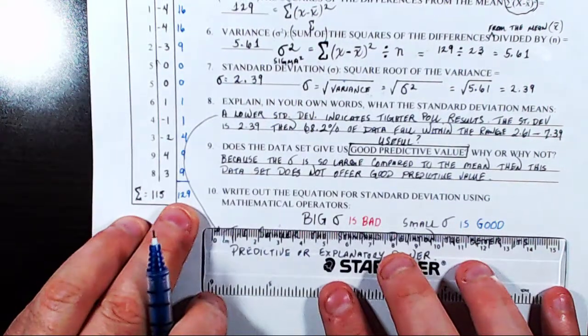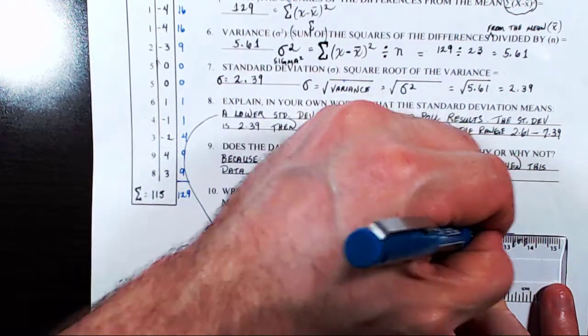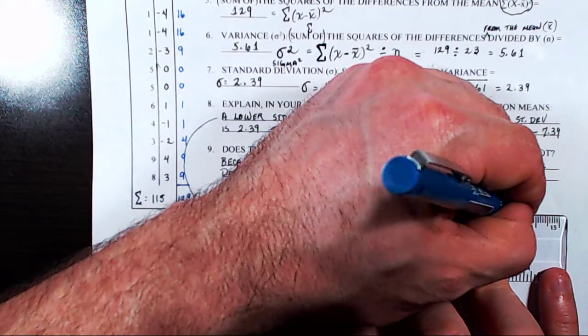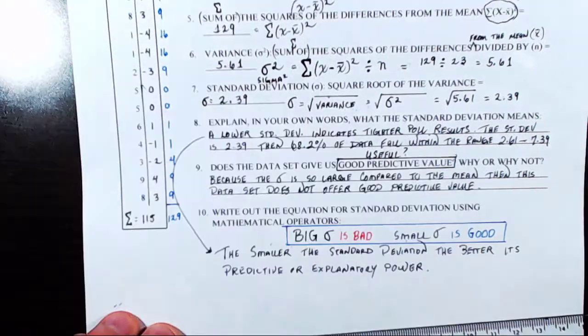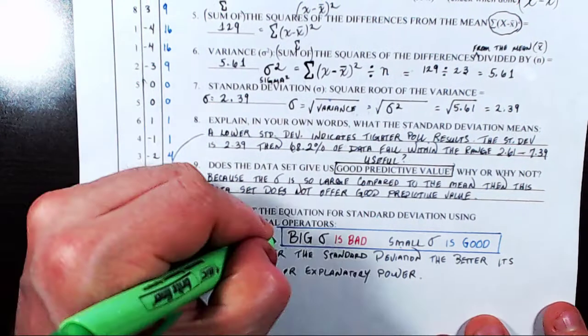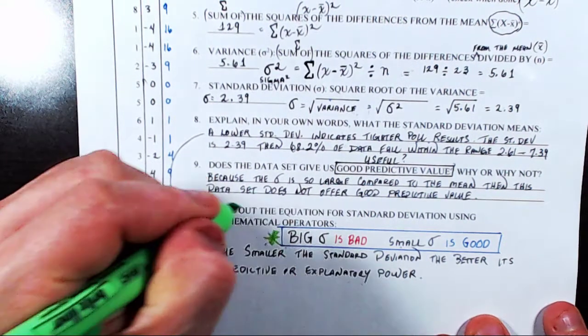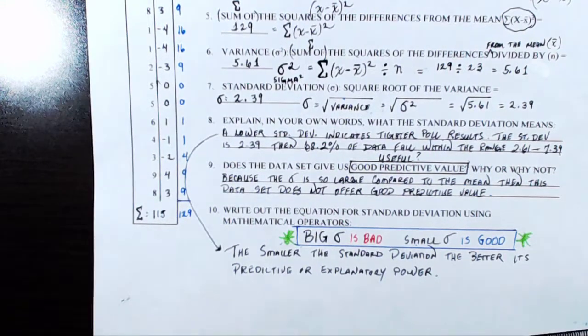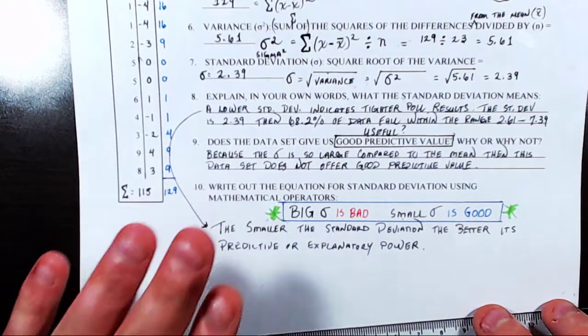Okay, big, bad, small, good. If that's really all you learn from this whole hour-long tutorial, then I submit to you that you have in fact learned something fairly important. That would make me very happy if everybody in the class knows that big sigma is bad and small sigma is good. I can work with you.